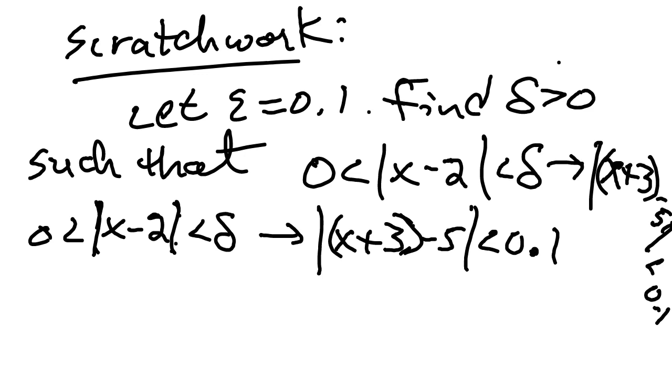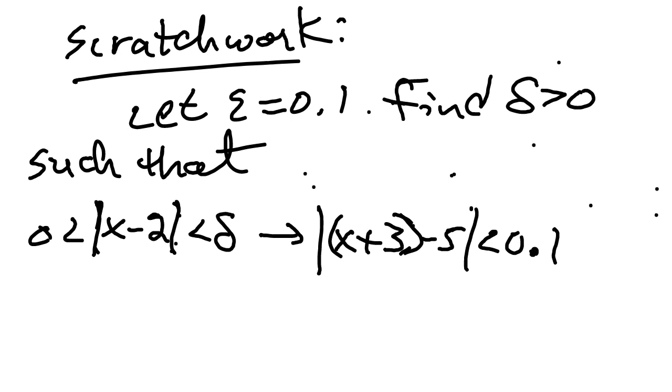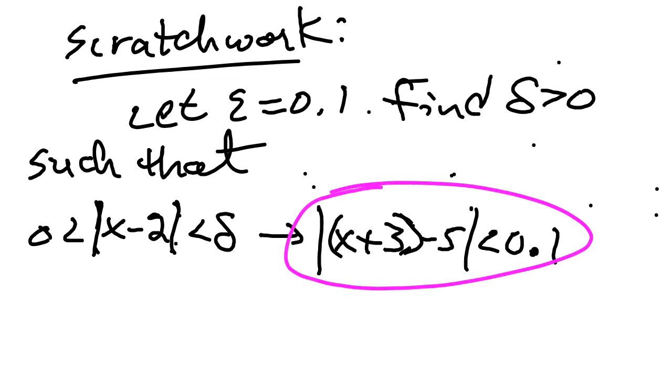Need a bigger board. Anyway, coming back here, I'm going to work with the finish line. So this implies that the absolute value of x minus 2 is less than 0.1.